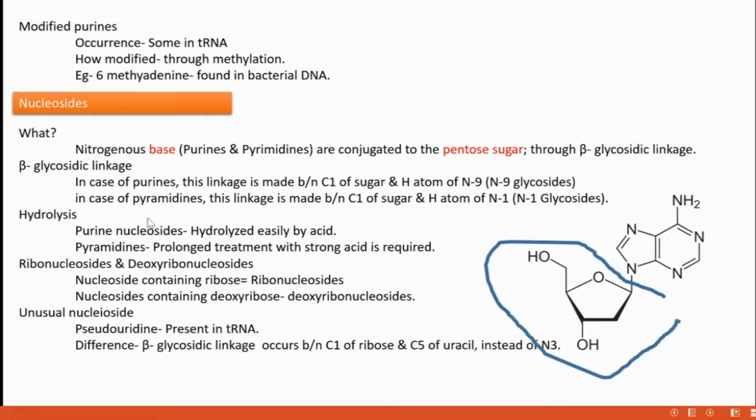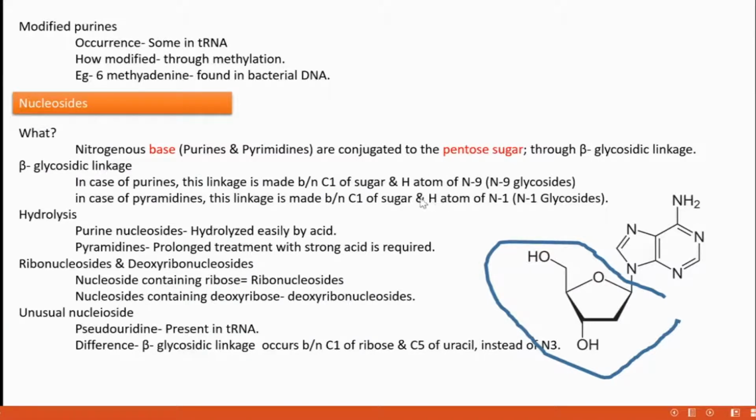But in the case of pyrimidines, that bond is formed between the first carbon and the first nitrogen's hydrogen atom. In that case, nucleosides are called N1 glycosides. So compare the difference between them.